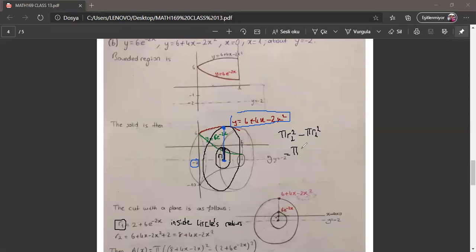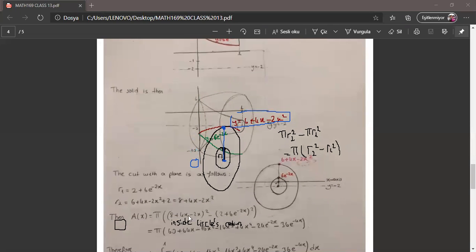It can be written in this form. So here we have this area: R2 squared here, R1 squared here. Now we have this then.